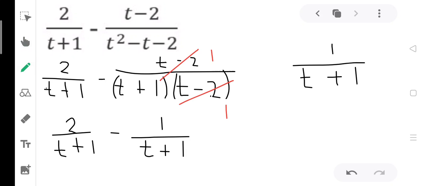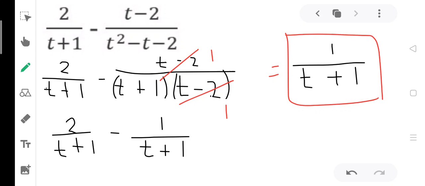So, we have here 2 over t plus 1 minus 1 over t plus 1. So, we are dealing now with similar rational algebraic expressions. The common denominator is t plus 1. So, just copy and then subtract the numerator. So, 2 minus 1, that is equal to 1. So, this is our final answer. 1 over t plus 1.